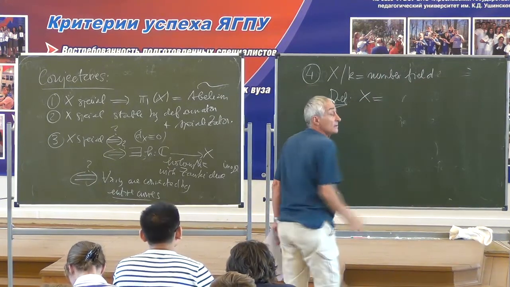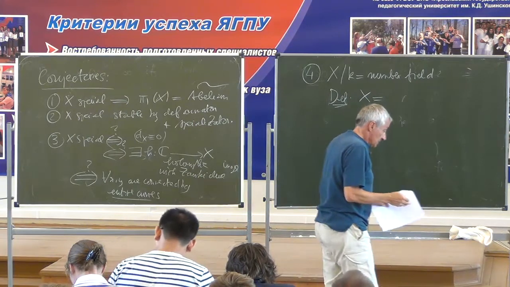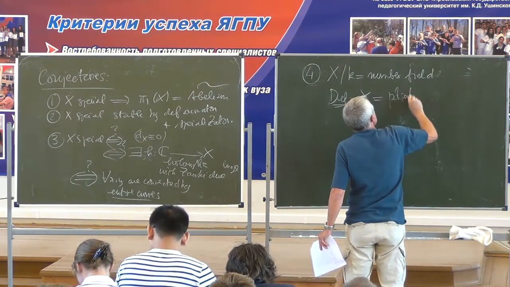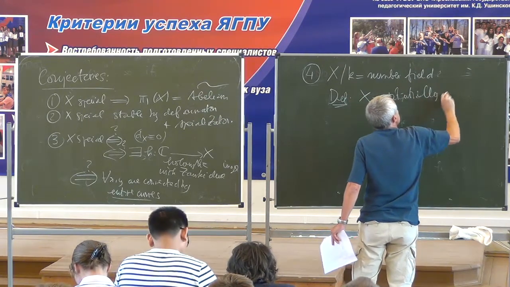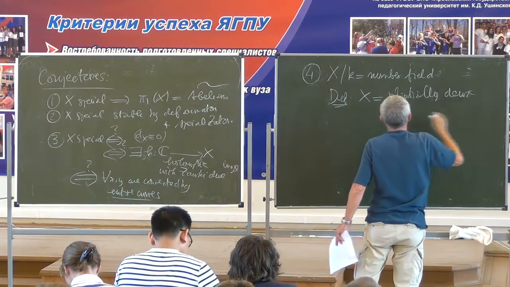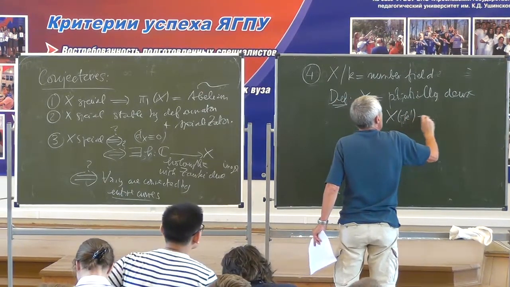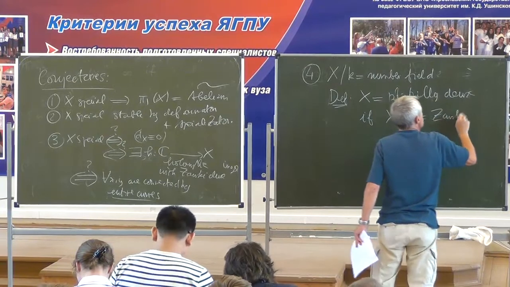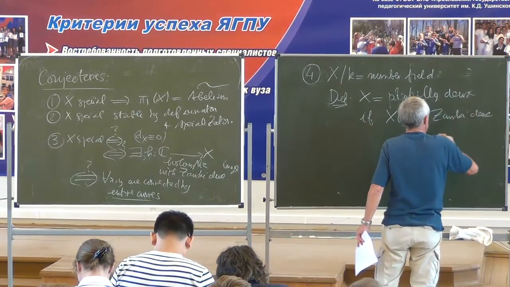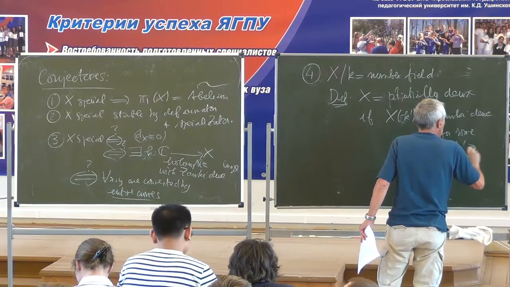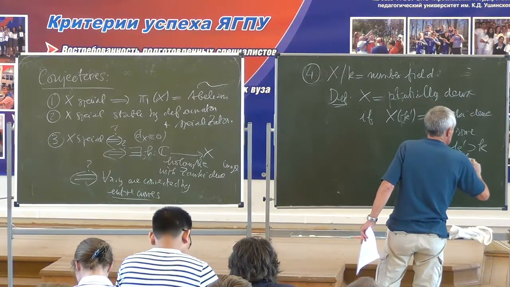This is the definition of people working in arithmetic geometry: X is potentially dense if X of K prime is Zariski dense for some K prime, a finite extension.